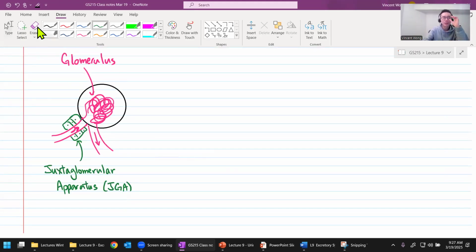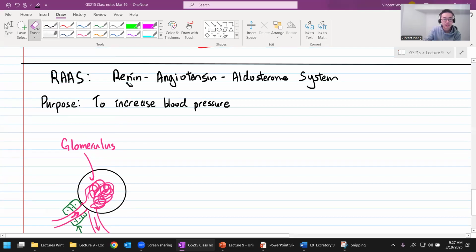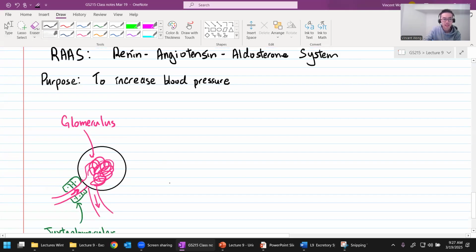And so what does this thing do? These cells will monitor blood pressure, BP, and secrete an enzyme called renin, which is the first enzyme in the RAS system, okay?